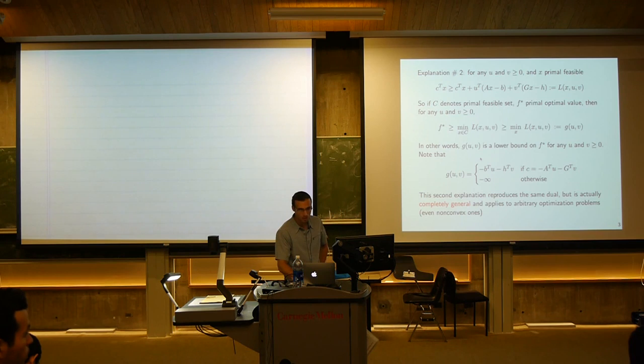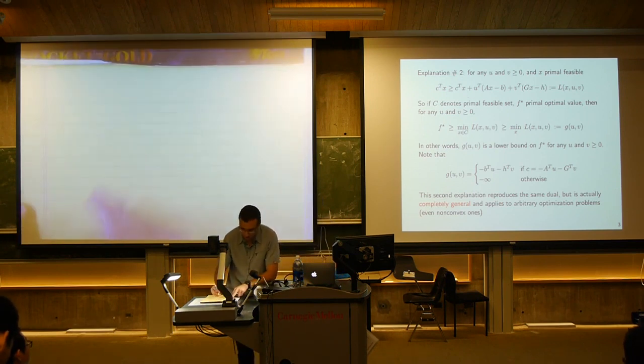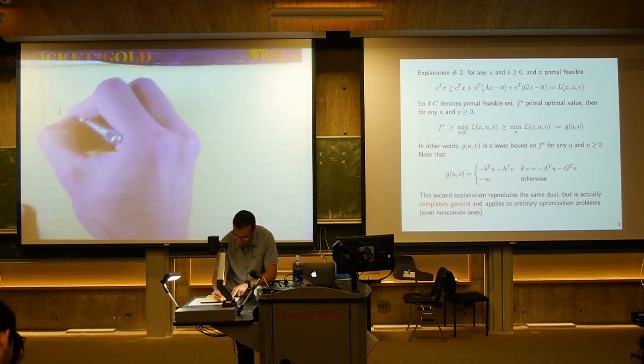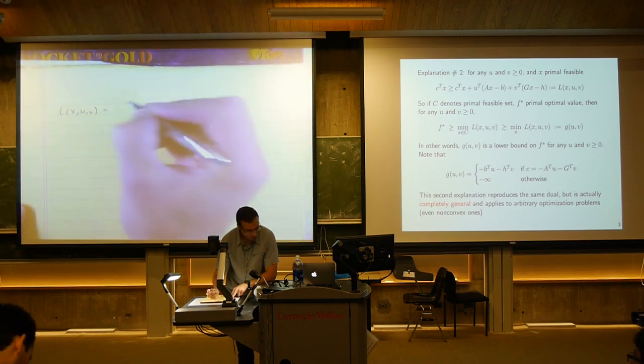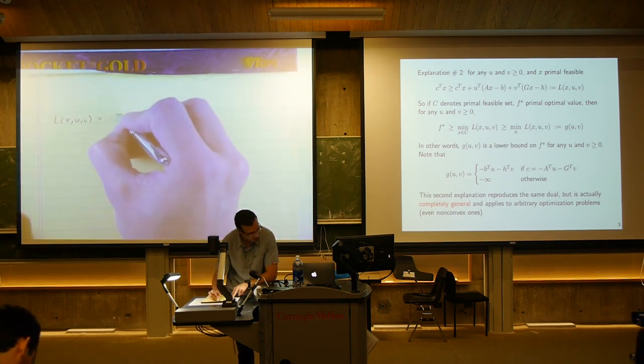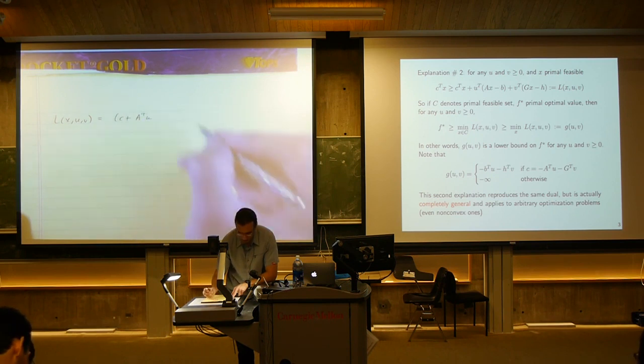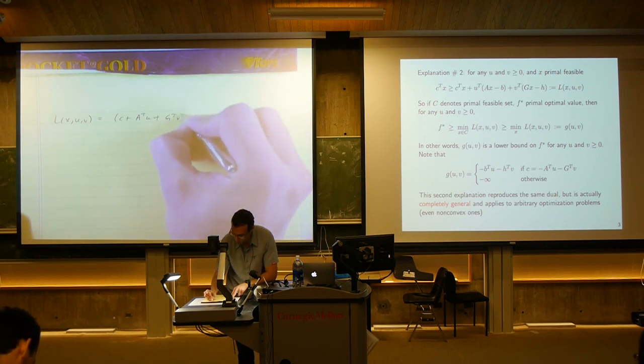And in the context of our linear program, what was the Lagrangian? It's this guy up here. If we rearrange this to look like something transpose x, we get that this is just c plus A transpose u plus G transpose v, transpose x, minus b transpose u minus h transpose v.